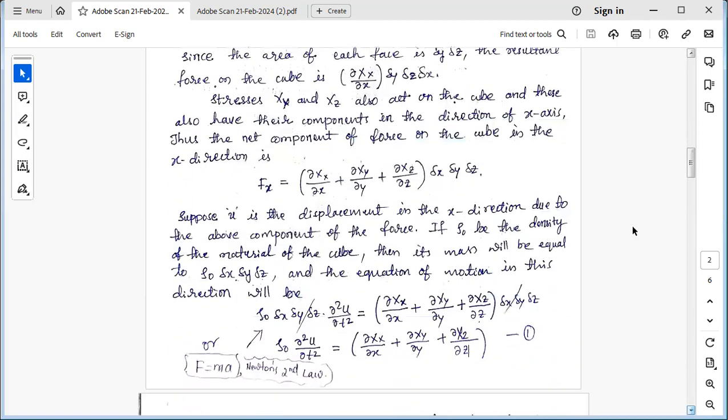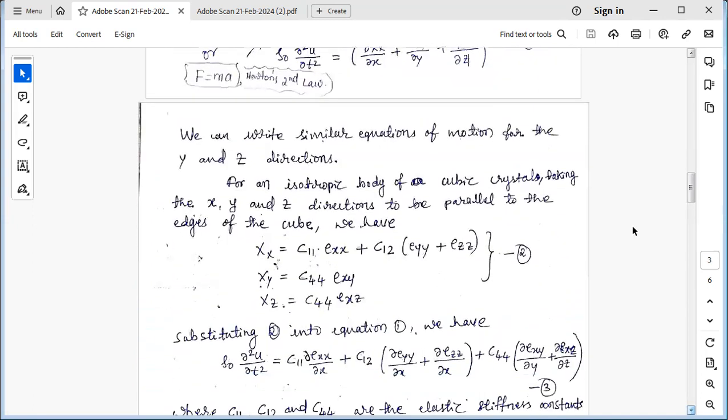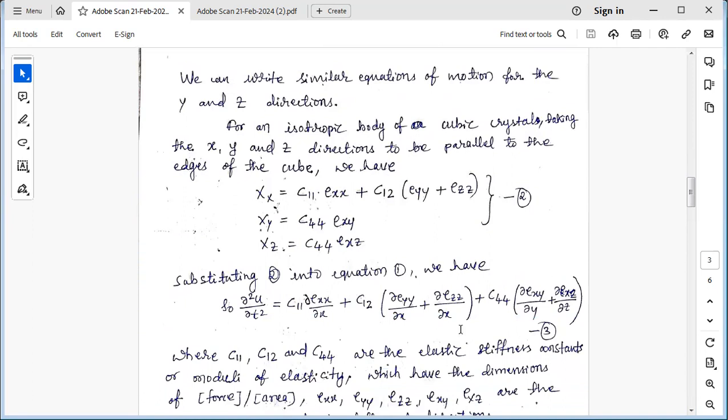In that way we have taken them. So we write the stress along the x direction as C11 Exx plus C12 (Eyy plus Ezz). I will tell what these are. And this is the stress along the y direction, and this is the stress along the z direction.